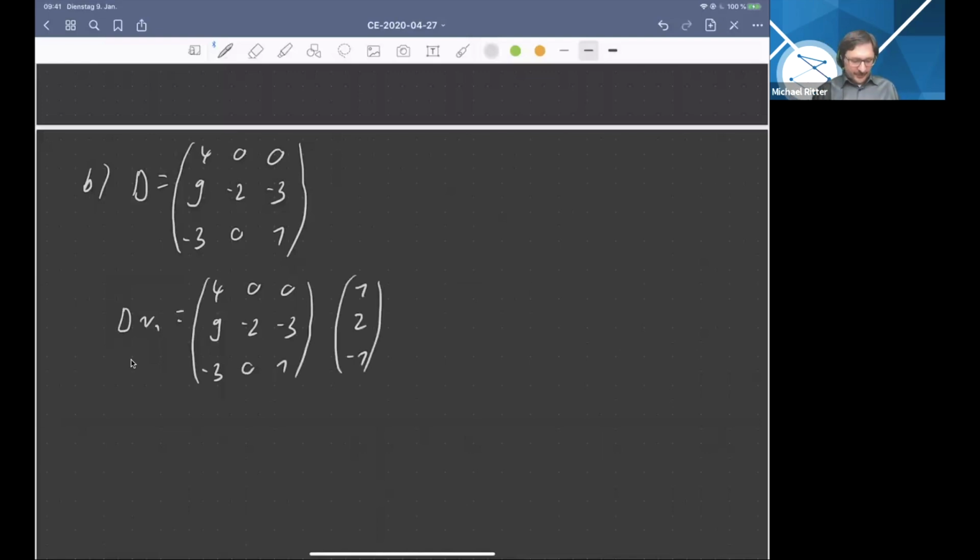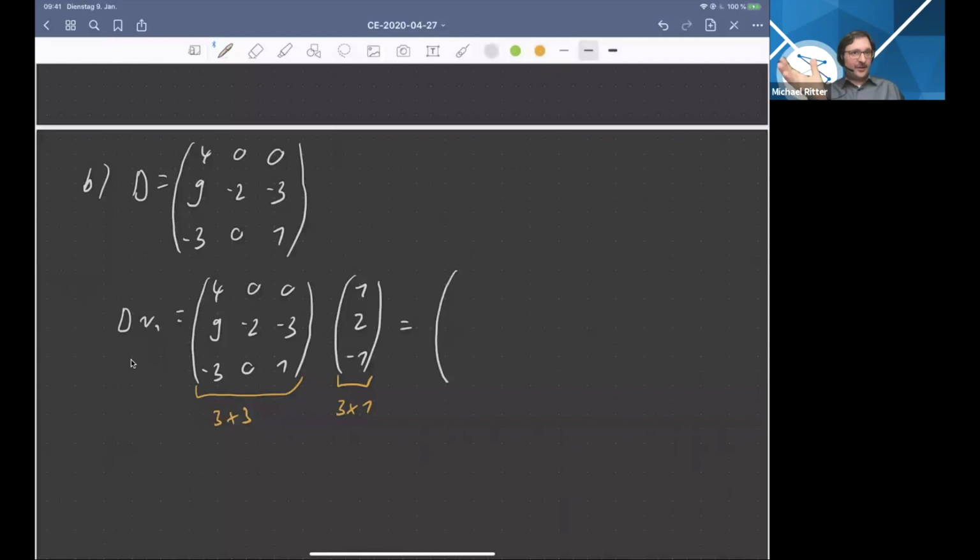Okay. To compute that product, let's make this explicit one time. What we're doing is matrix multiplication. We have here a 3 by 3 matrix, the matrix D, and here a 3 by 1 matrix, 3 rows, 1 column. The entries of the result are always composed of 1 row of the left matrix and 1 column of the right matrix.